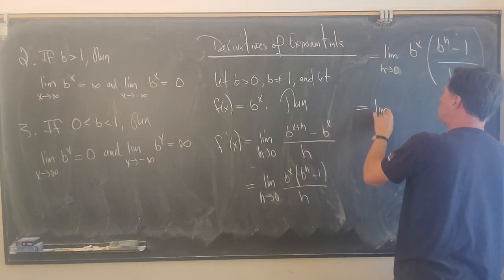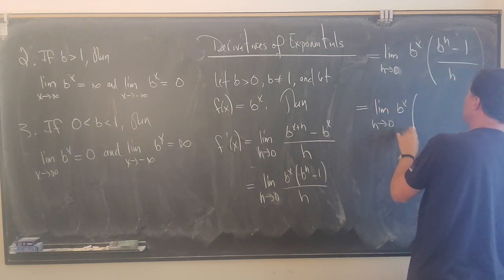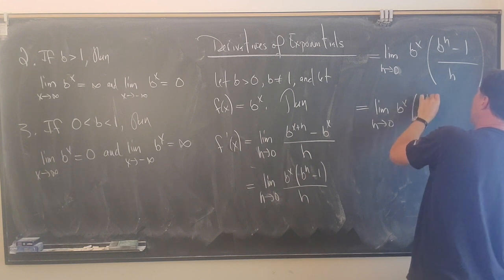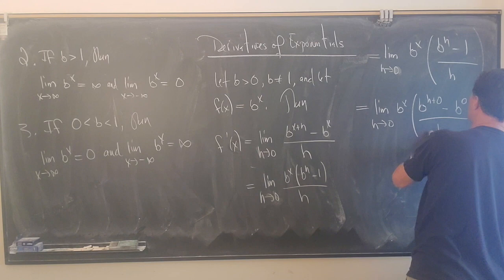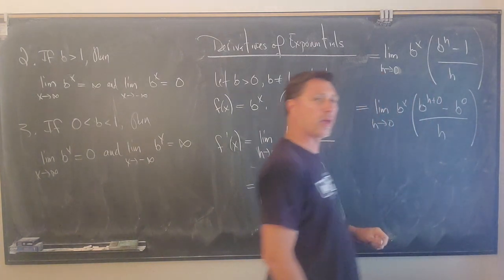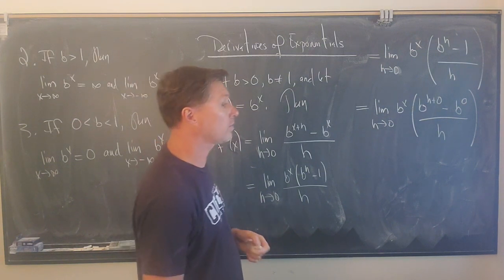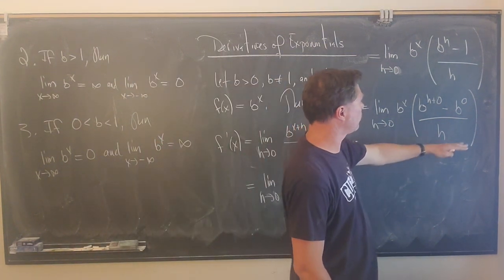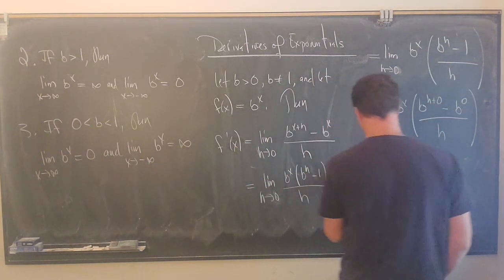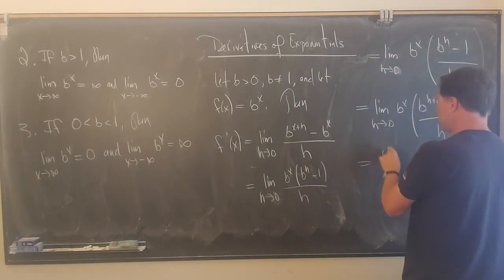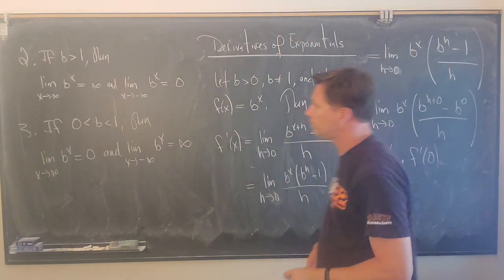So this is the limit as h goes to 0 of b to the x times b to the h plus 0 minus b to the 0 divided by h. Hopefully writing it out that way makes it look a little more familiar. This right here is the derivative of the function at 0. And so what we get is b to the x times f prime of 0.